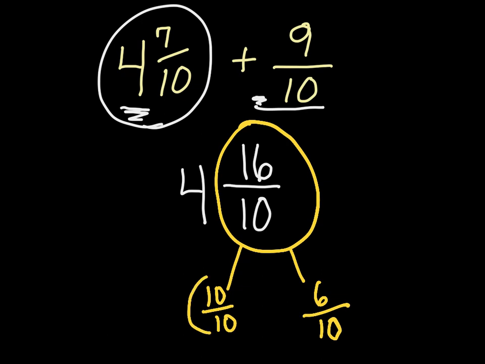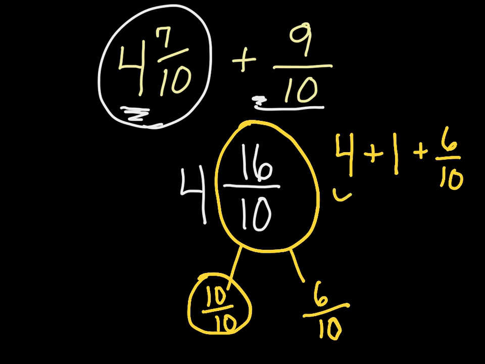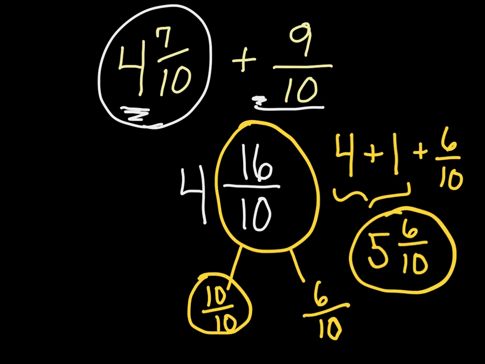So we take this whole and add it to our other whole, which is 4. So we have 4 plus the 1 plus the 6/10. 4 plus 1 is 5 wholes. Then we bring down our fraction, and our new mixed number for this problem is 5 6/10.